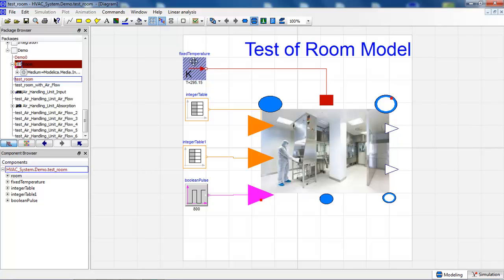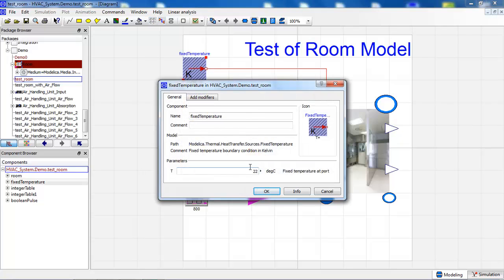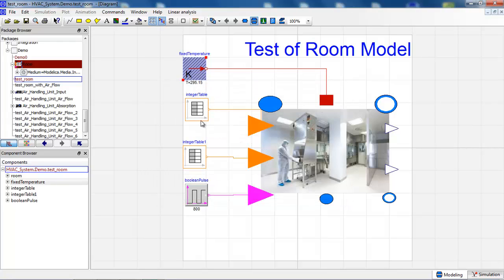I also fixed the temperature outside my room to have heat exchanges of 22 degrees Celsius. And here I have some processes on and some people in the room, and the lighting on and off, which is controlled by this component.